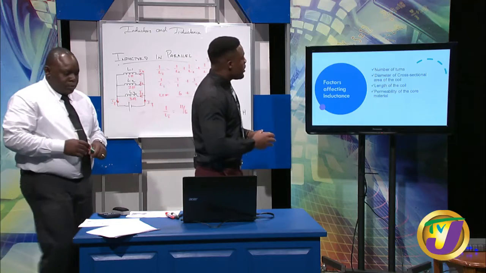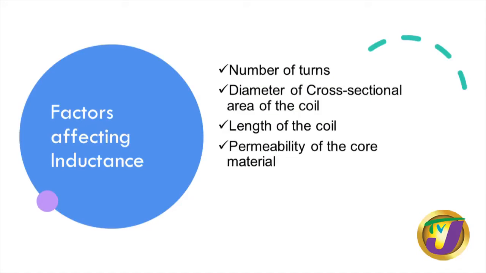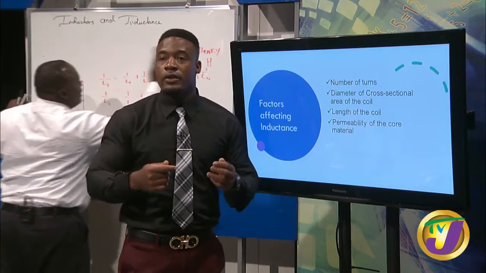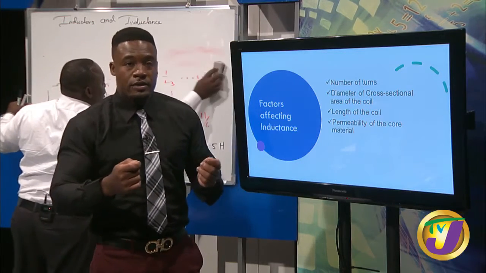All right. Now we're going to be directing your attention to our next objective, which has to do with the factors affecting inductance. Now, the first factor that affects inductance is the number of turns of a coil, right?